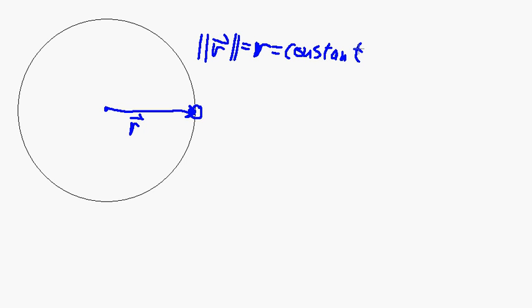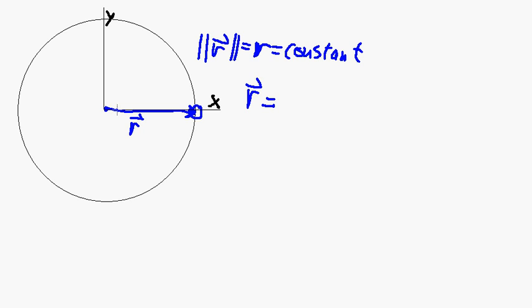All right, so what we want to do is set up a coordinate frame that is centered on the circle and runs horizontally and vertically. So we're going to call this x, and this y. And we want to express this vector r in i j notation.